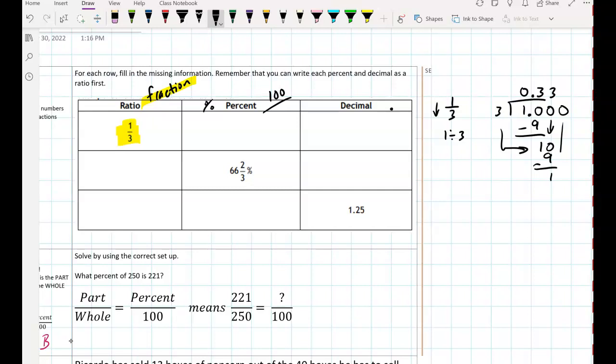Oh my gosh, I'm going to have to keep doing this. But why would I do that? I know at this point that that is a repeating decimal, so I have to either keep going until I run out of stuff to do, or I find a repeating decimal. And here's my repeating decimal. 0.3 repeating. So the decimal is 0.3 repeating.